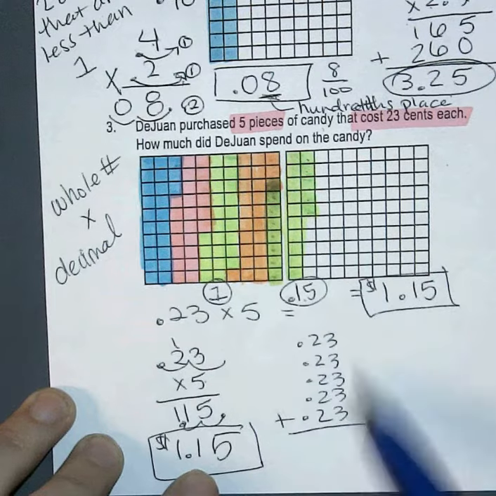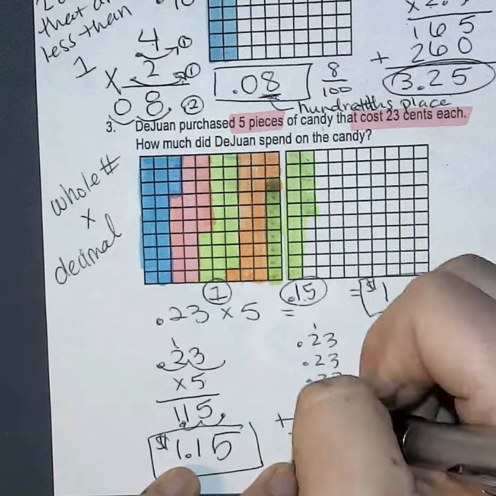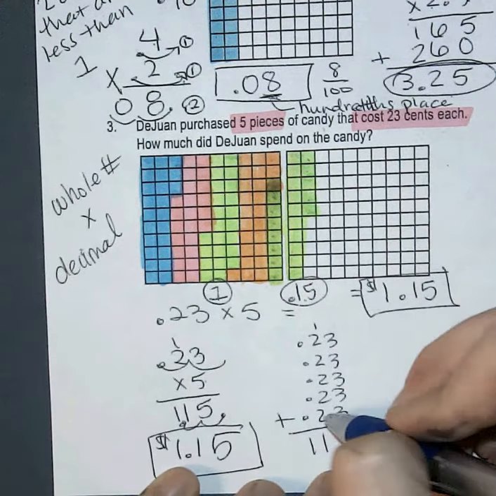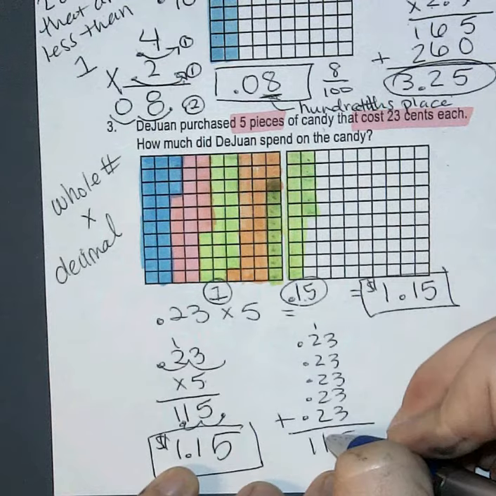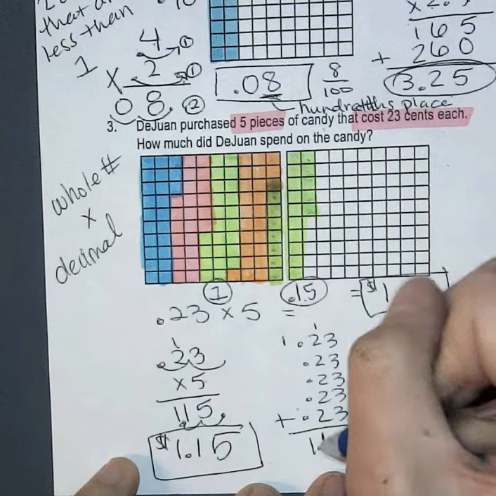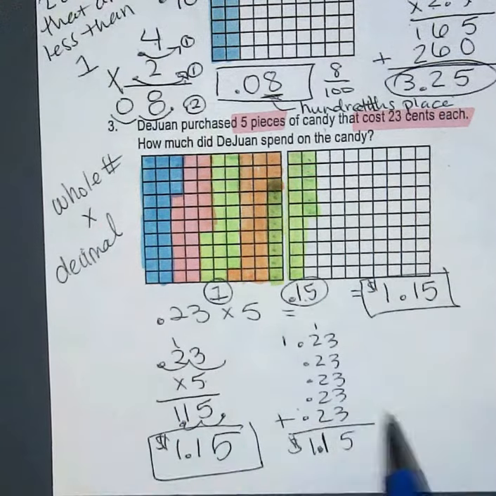Add those up. That gives me 15. That gives me 10, 11. I would have put the 1 here, added the 1 at the top, and brought the 1 down to give me 115. So $1.15 is how much he spent on candy.